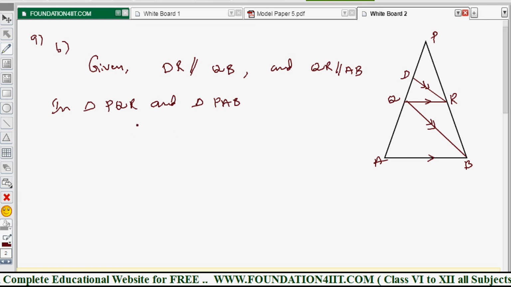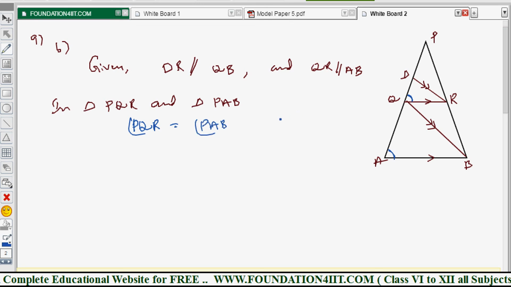Here, if you observe, angle PQR and angle PAB are equal because these two lines are parallel. QR and AB are parallel. If PA is the transversal, then these both are corresponding angles. Similarly, the other two also. So let me write the steps here. Angle PQR is equal to angle PAB, right?